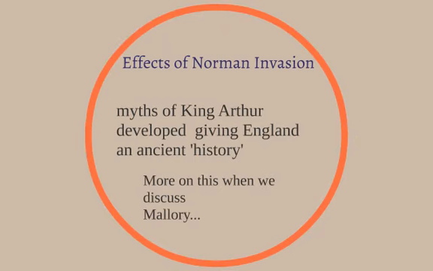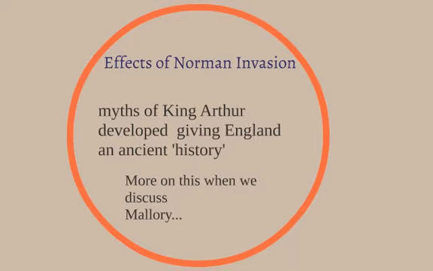Because of this, there are some effects on England. This helps to develop and create the myths of King Arthur, giving England an ancient history, and we'll talk more about that when we talk about Malory at a later time.